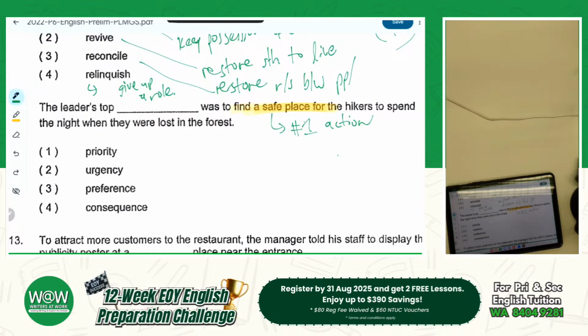Okay, so in this case here, priority means that this condition is more important than the others. Okay, urgency here means that something requires swift action.